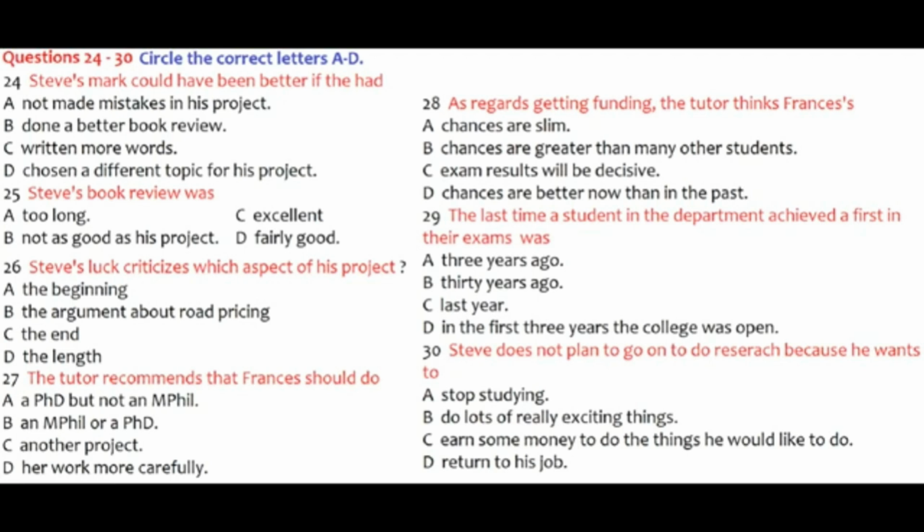The tutor and the two students are talking about assessment marks. For questions 24 to 30, there are 4 alternatives: A, B, C, and D. Decide which alternative is the most suitable answer and circle the correct letter.